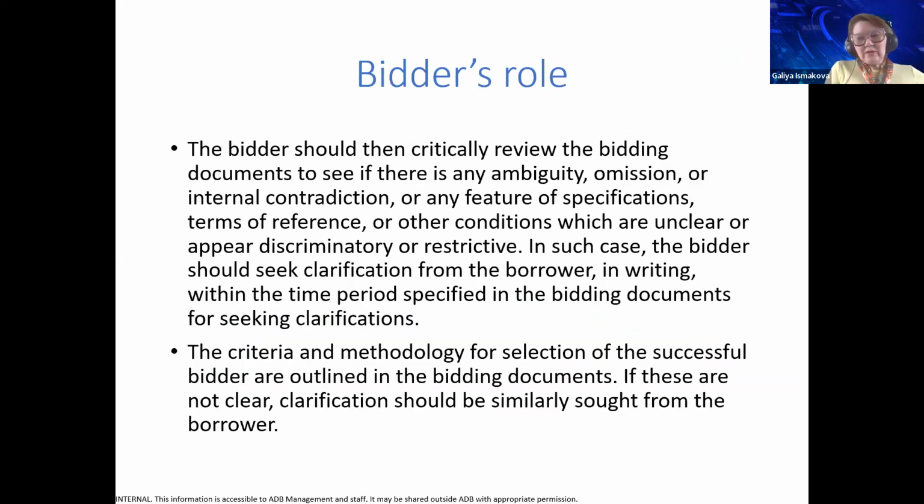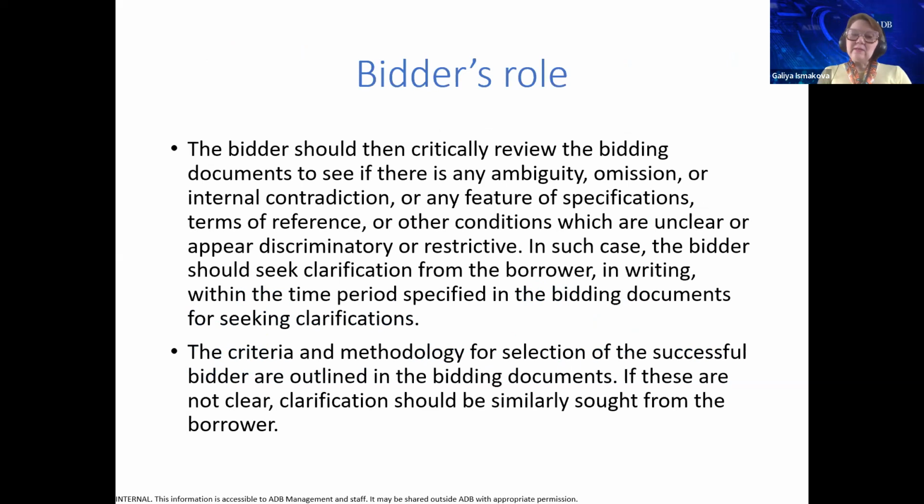So I was previously describing what ADB is responsible for and what the government is responsible for. And now I'm going to cover what you are responsible for. You as a bidder are responsible for making sure that the process in which you participate is a process in which you engage proactively.